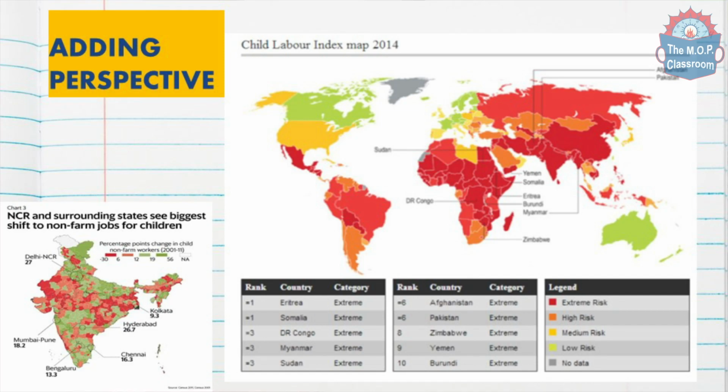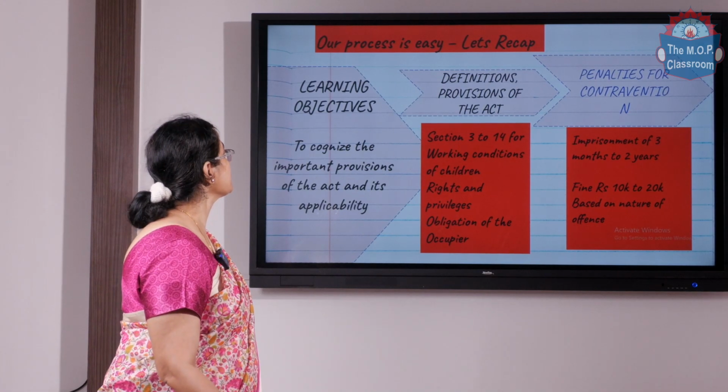By looking at the legend, children have been employed in extreme risk occupations, professions and processes in almost all countries of the world, except maybe the United States, Australia, and the Mediterranean countries. The concentration of child labor has been very high in the developing countries in comparison to the most developed countries.